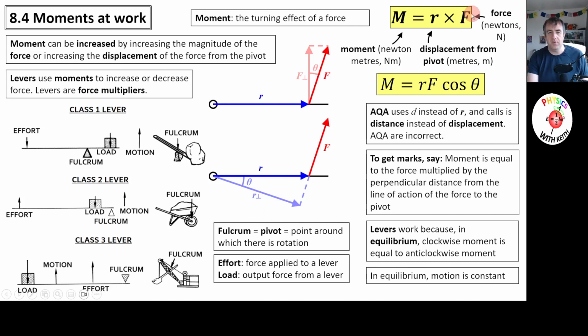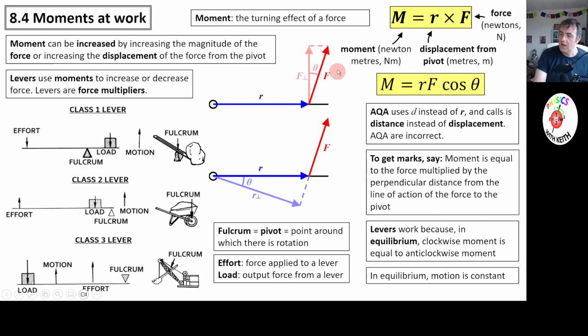We can simplify that. If we are representing the angle as the angle between the vector and the perpendicular component of that same vector, then we can simplify this equation by saying it is R, that is the perpendicular radial displacement from the pivot, multiplied by the magnitude of the force, multiplied by the cosine of the angle between the perpendicular components.